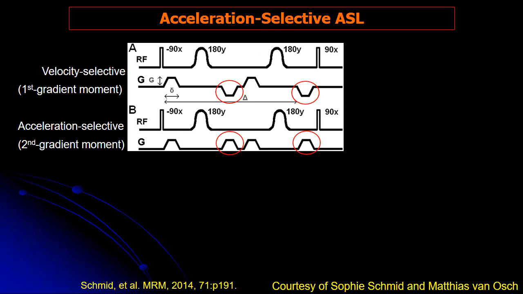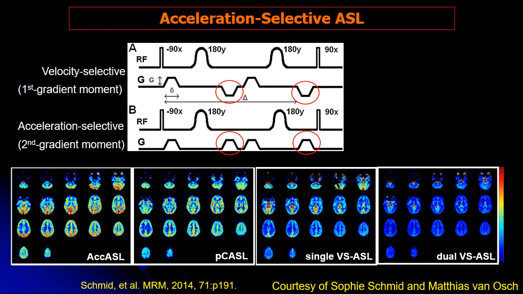Matthias van Osch's group also changed the conventional velocity-selective module from using bipolar gradients to a module using unipolar gradients that can achieve acceleration-selective modules. The velocity-selective modules only use the first gradient moment, and the acceleration-selective modules utilize the second gradient moment. They compared acceleration-selective ASL with PCASL and with VS-ASL, with or without crushing gradients right before the acquisition.